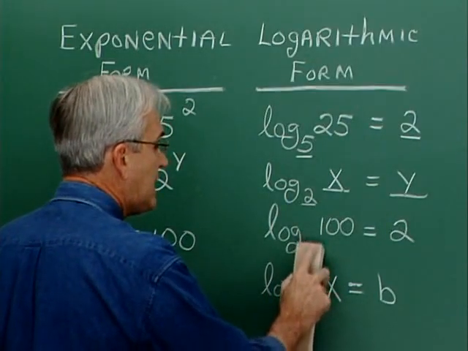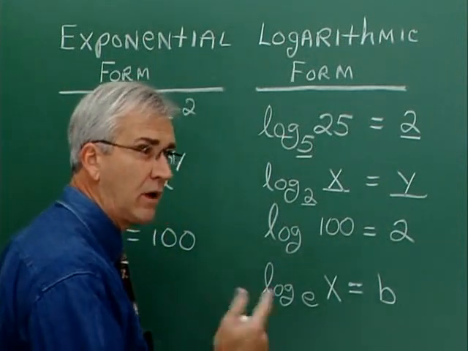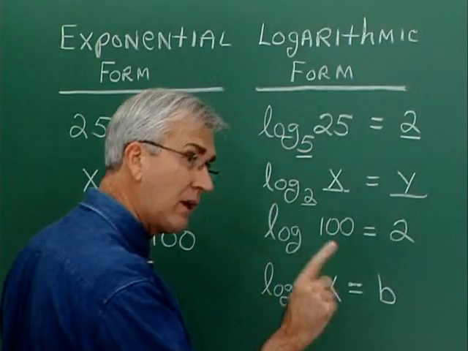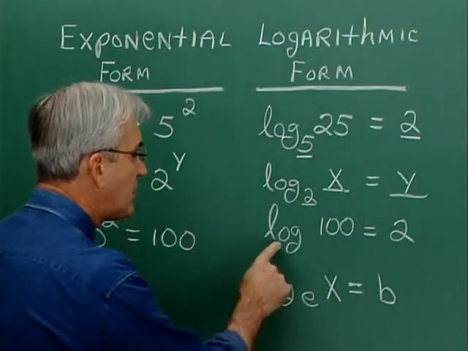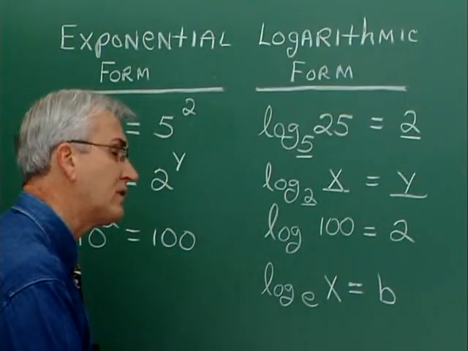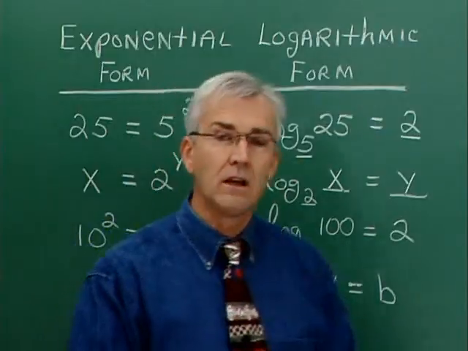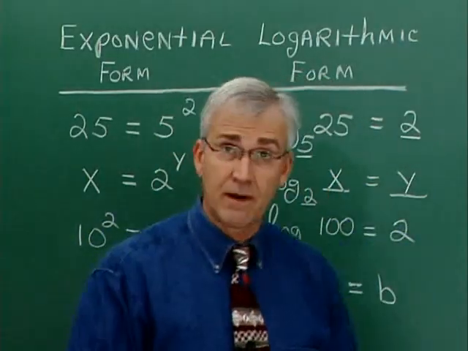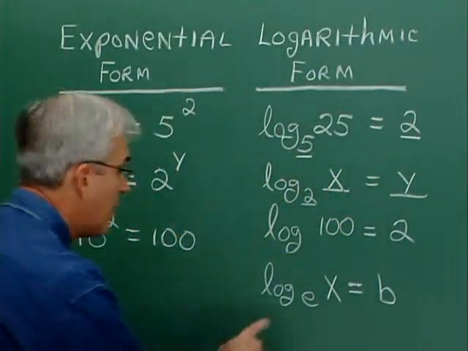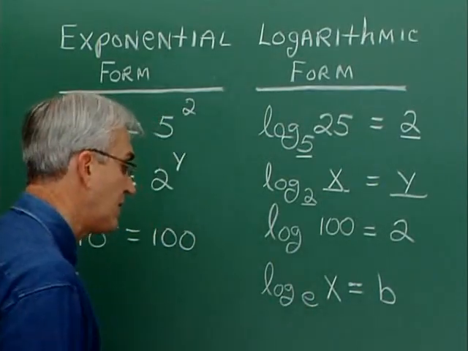It's kind of like the idea of not writing a 2 when we're talking about square root. When we talk square root, the index of the radical is 2, but we don't write that index. Well, if we just see log 100, it's understood to be in base 10. And if we see log of anything without a base written, then it's understood to be base 10. Now, in a similar way, base e has a very special designation as well.